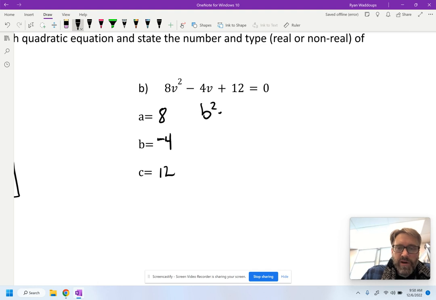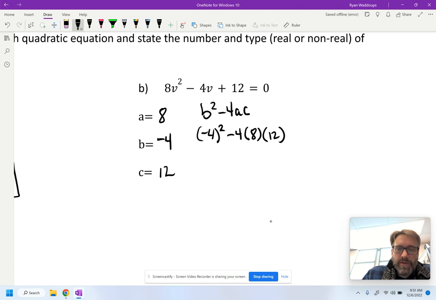Once again, b squared minus 4ac. b is negative 4 squared. Make sure you put that in parentheses. If you just put negative 4 squared, that's equal to negative 16. But negative 4 quantity squared is positive 16. So you need to make sure you write that in parentheses. Minus 4 times a, which is 8, times c, which is 12.